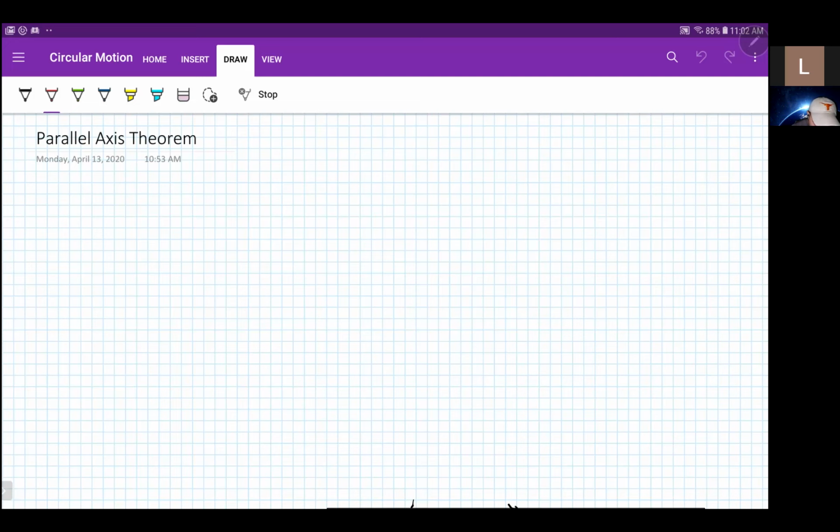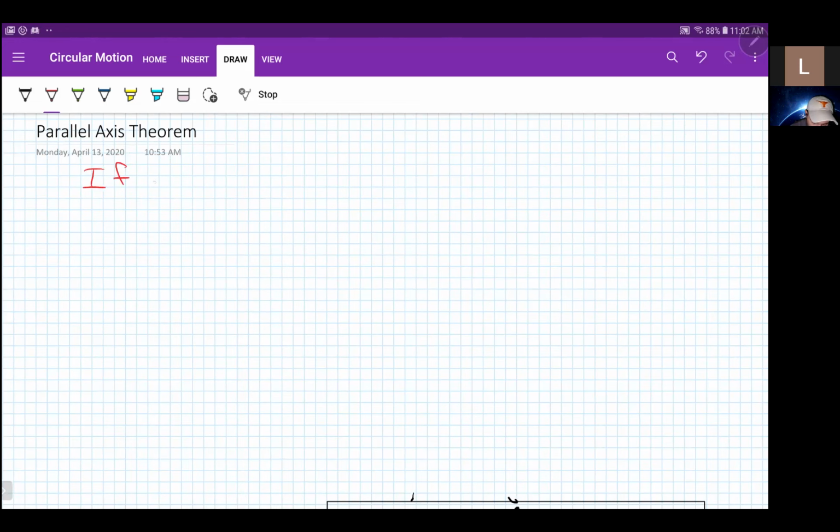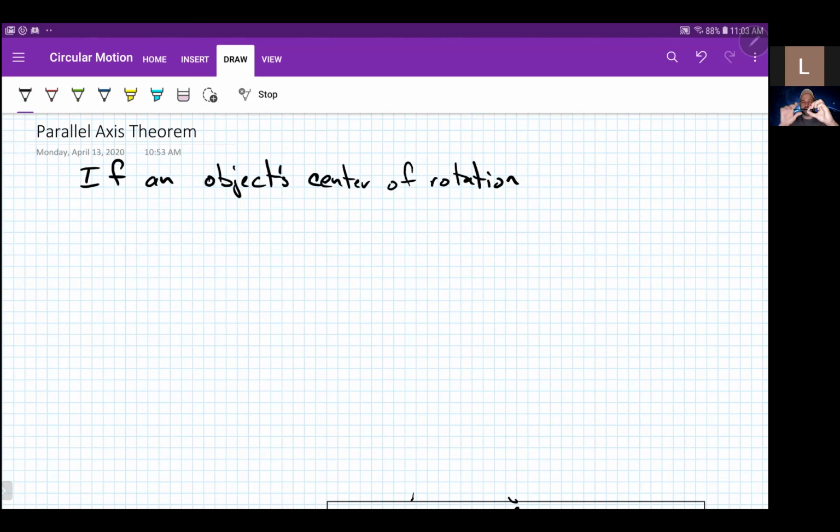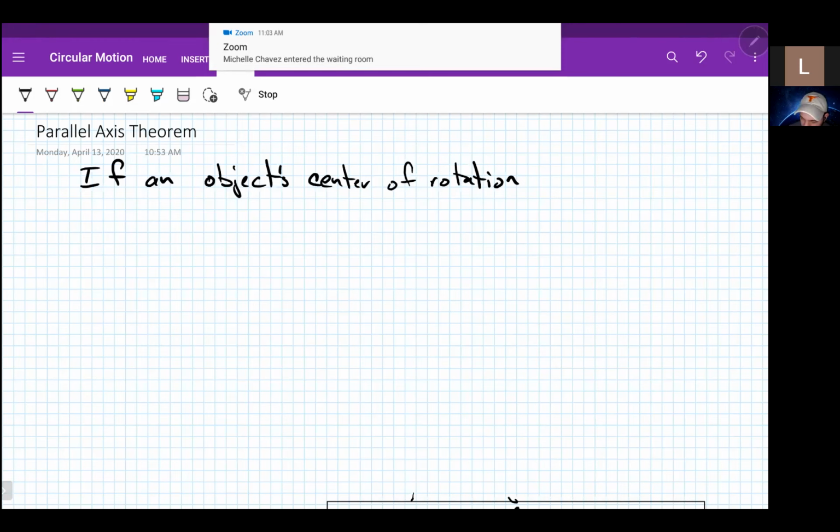So parallel axis theorem. If an object's center of rotation, right? So remember that center of rotation means the center that it's rotating about. So here, the center of rotation would be right here where my fingers are, not the center of mass, not the center of gravity. It'd be over here, the center of rotation, the point that it's rotating around, okay?